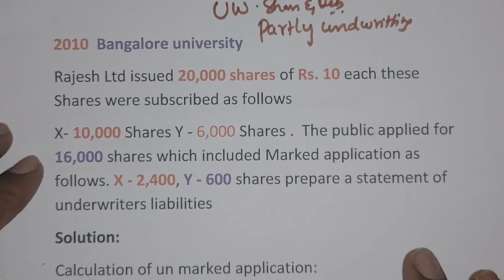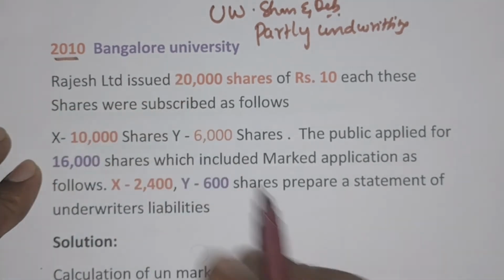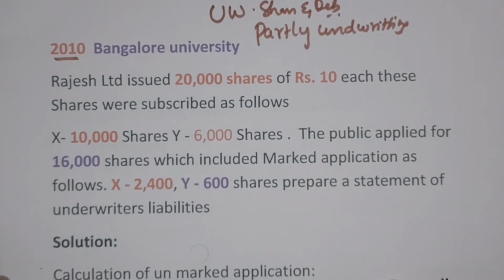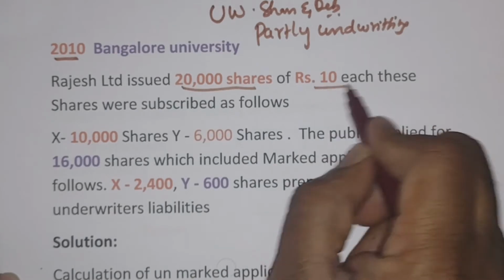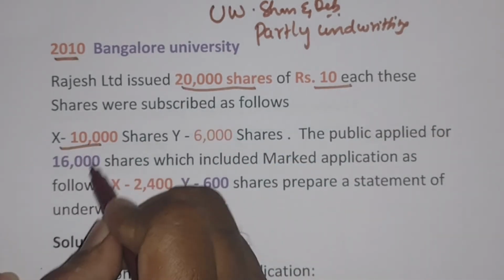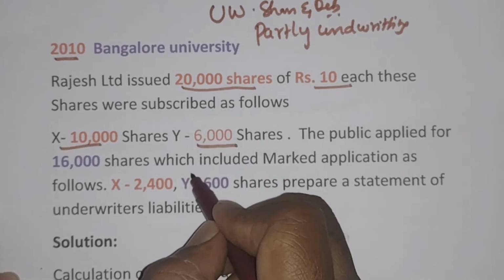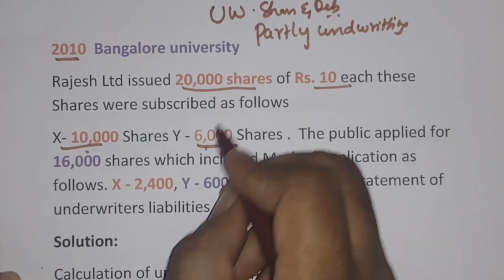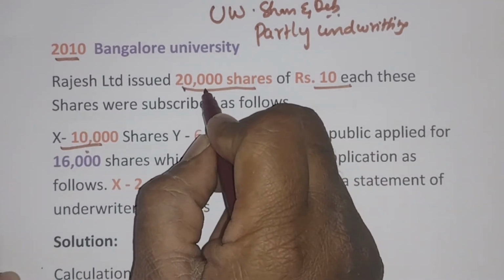This is a question asked in 2010 at Bangalore University. Rajesh Limited issued 20,000 shares of rupees 10 each. These shares were subscribed as follows: Mr. X 10,000 shares and Mr. Y 6,000 shares. 10,000 plus 6,000 is 16,000 shares, but the company issued 20,000 shares.